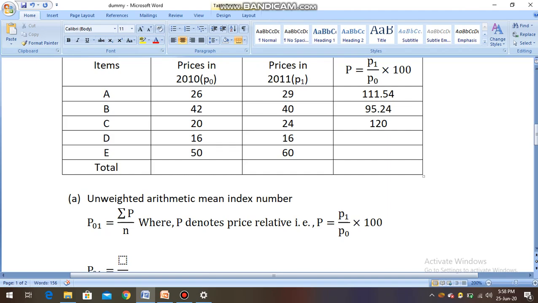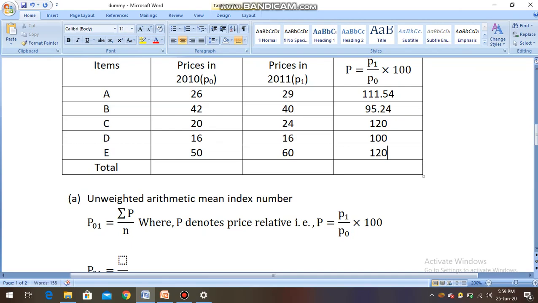We shall see whether we will get the same or not. Here P1 is 16, P0 is 16. So 16 divided by 16 into 100 is 100. Then for the next item, it is 60 by 50 into 100, which is 120.